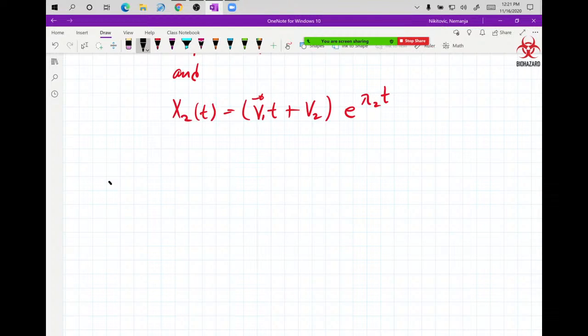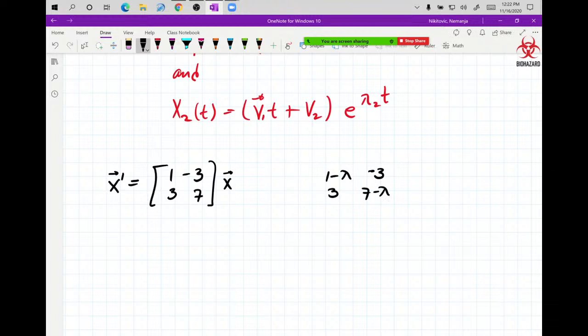So let's say you have your system of 1, -3, 3, and 7. There we go. So your matrix for lambdas is 1 minus lambda, -3, 3, 7 minus lambda. We need the determinant equal to 0. So that's going to give us 1 minus lambda times 7 minus lambda plus 9.